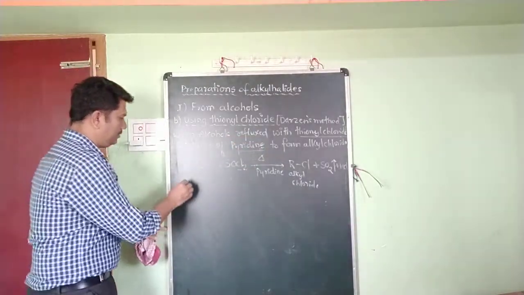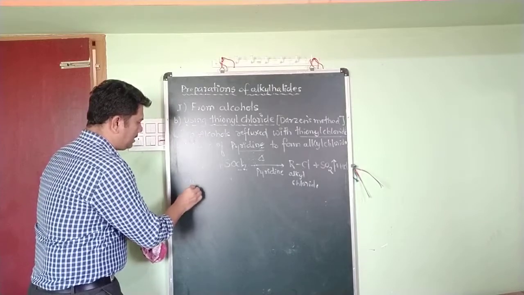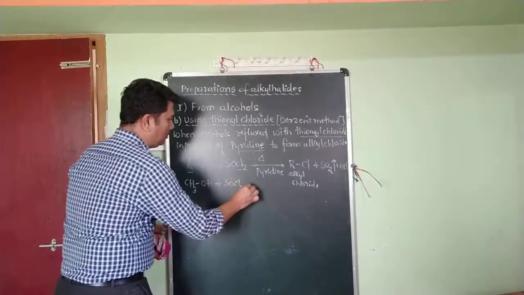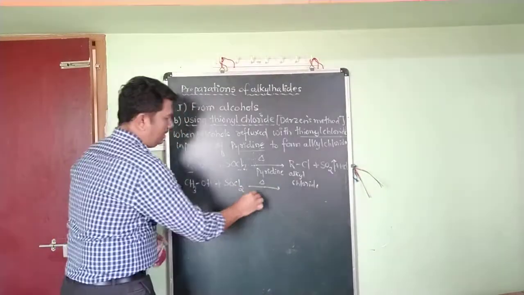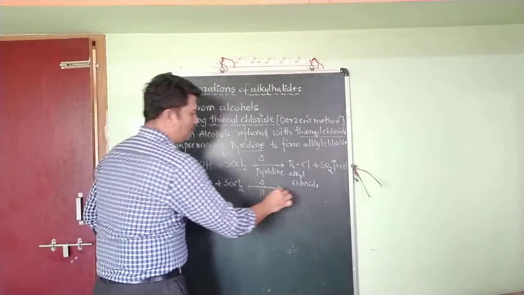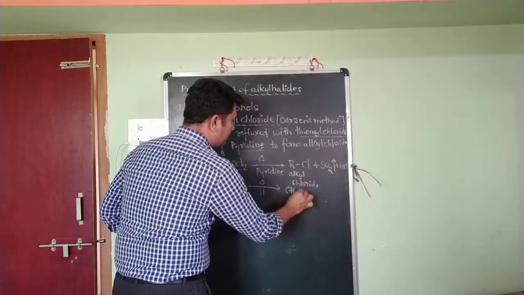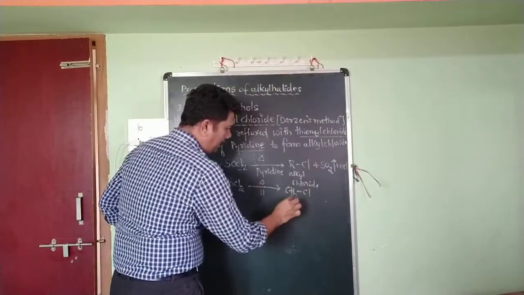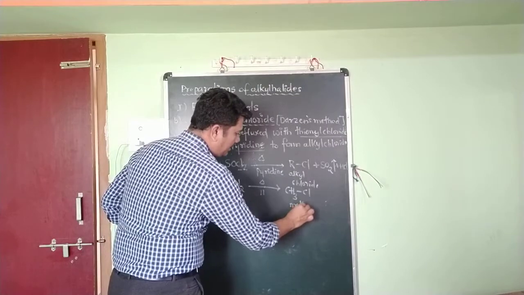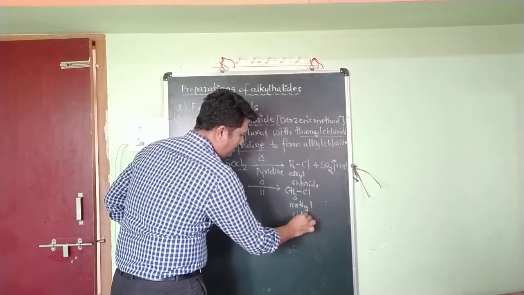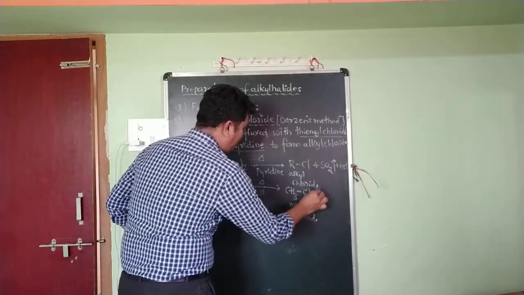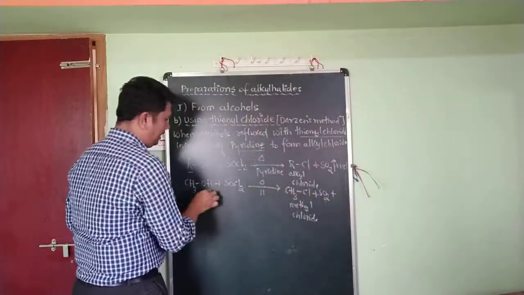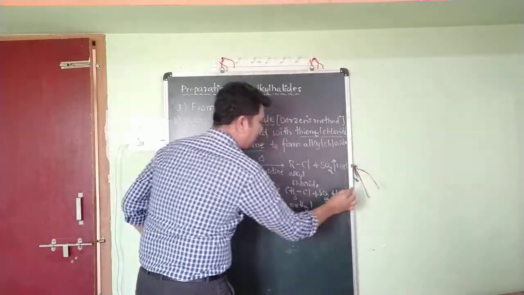I'll take one example here. You take one alcohol, CH3OH plus SOCl2, reflux it in presence of pyridine to form CH3Cl, that is the alkyl halide, called methyl chloride, plus SO2 and HCl.